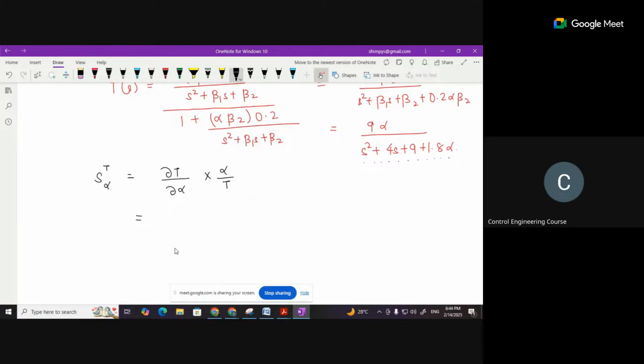The denominator will be s square plus 4s plus 9 plus 1.8 alpha, and d by d alpha of 9 alpha will give me 9.